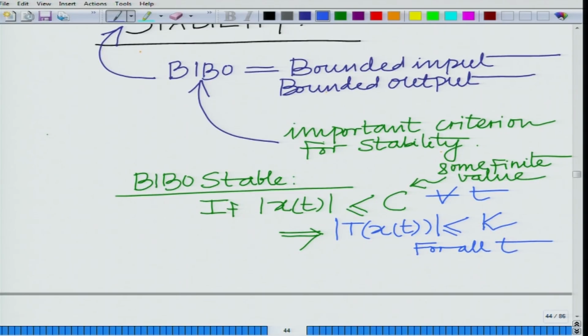That is, magnitude of y of t is less than or equal to k.